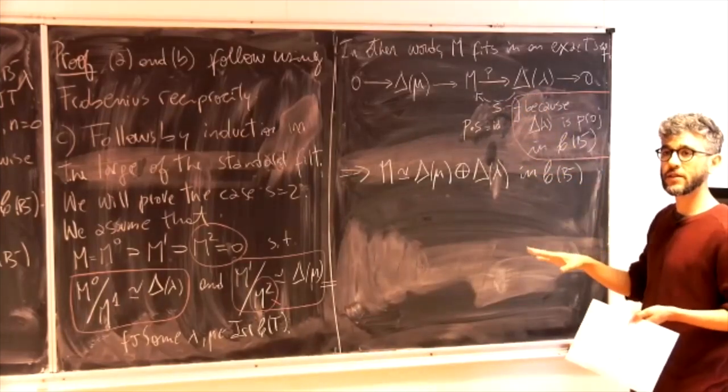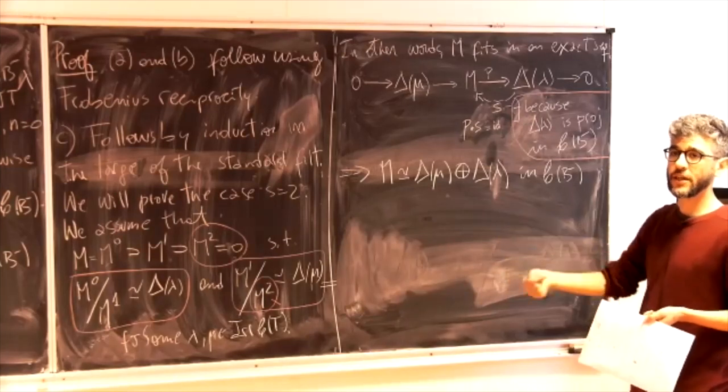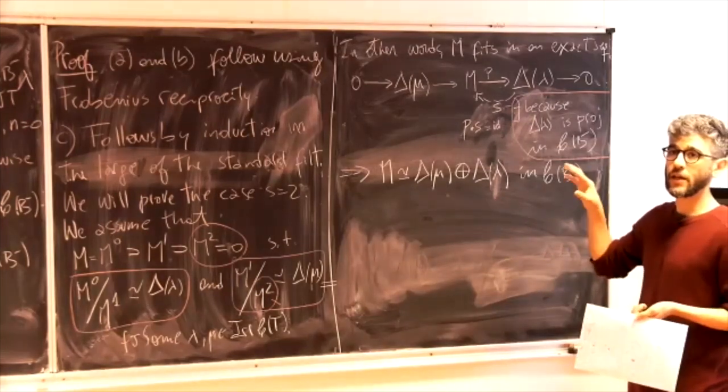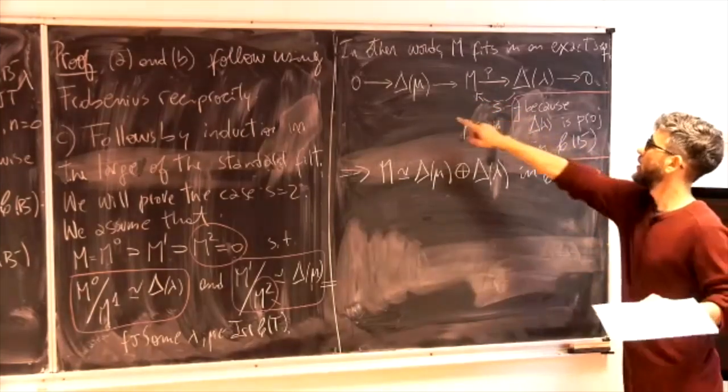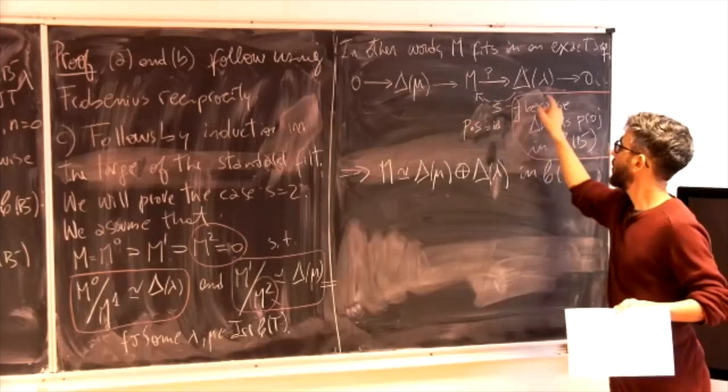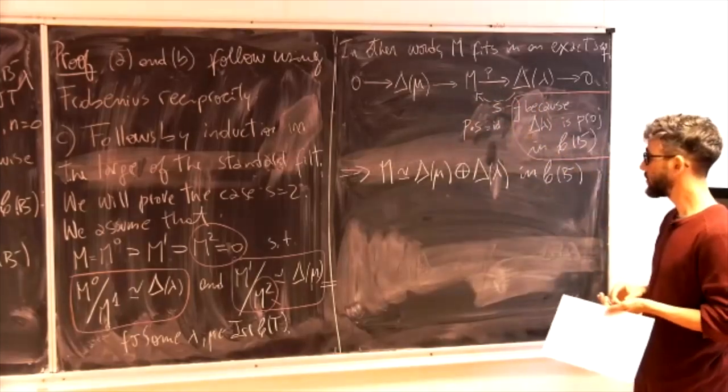If you have an exact sequence with a projection and a section, then the term in the middle decomposes as the direct sum of the objects on both sides.